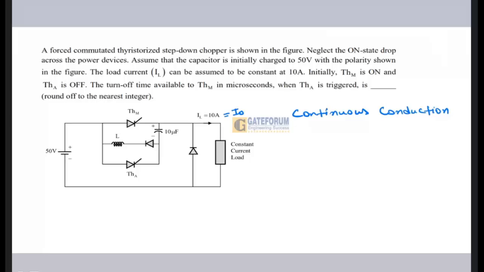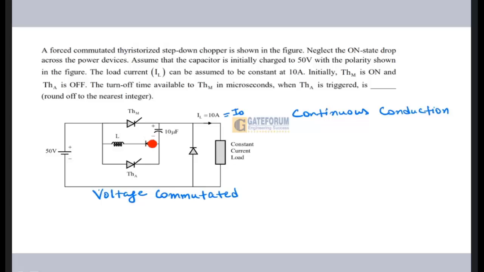When TA, the auxiliary thyristor, is triggered, first of all, it is a voltage commutated chopper. Because in a current commutated chopper, you will get the LC oscillating circuit. But here, the capacitor is connected here and the diode is connected here.